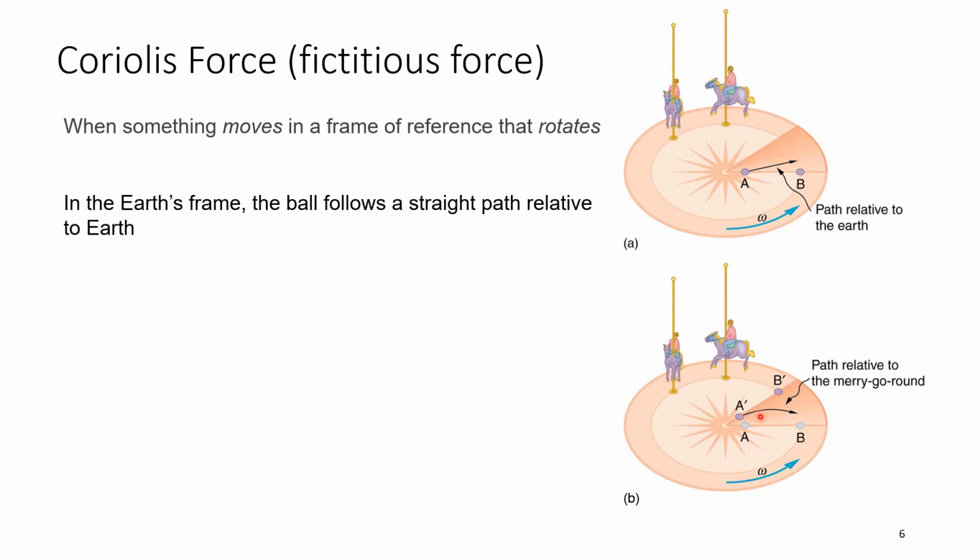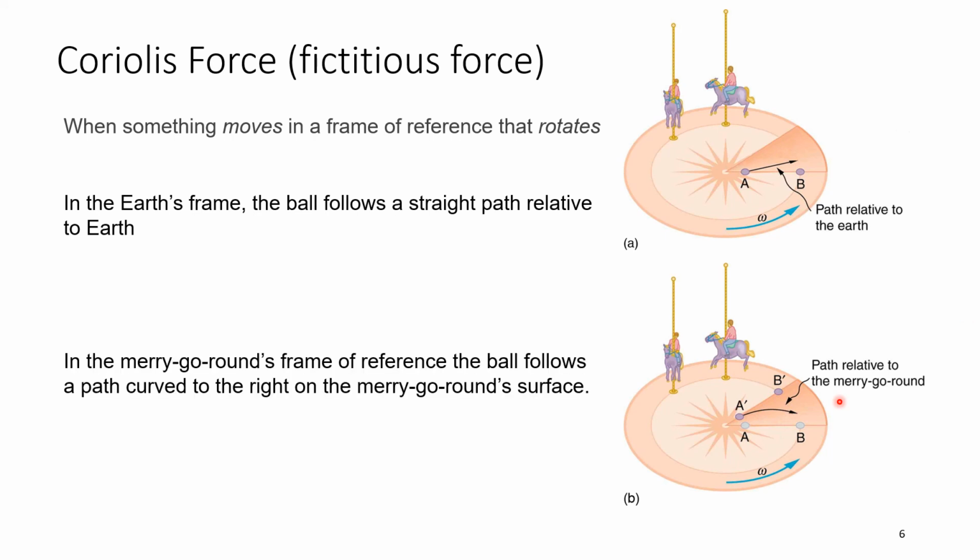But in the merry-go-round's frame of reference, the ball follows a path curved to the right on the merry-go-round surface. We explain this apparent curve to the right by using a fictitious force called the Coriolis force. Because according to Newton's laws, there must be a force that causes the ball to curve to the right.